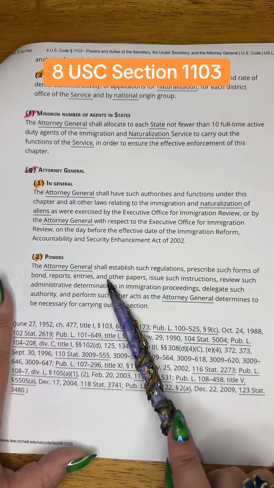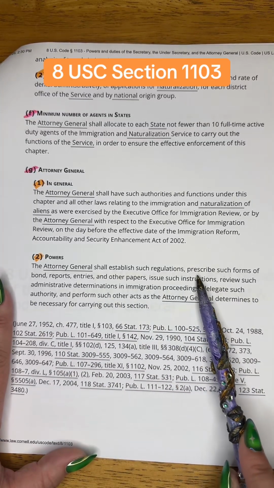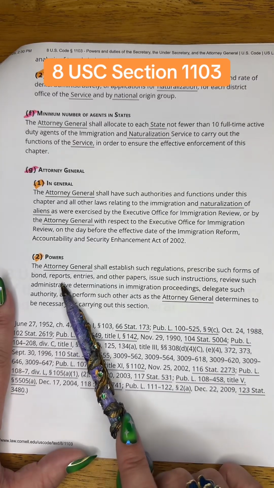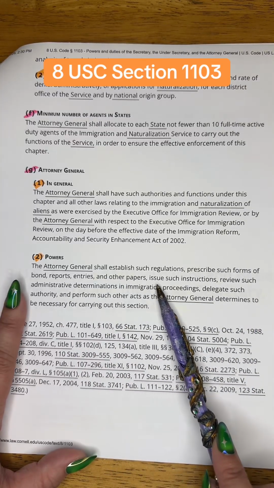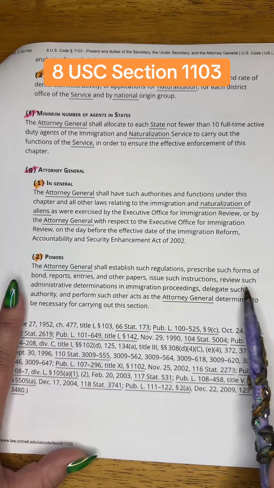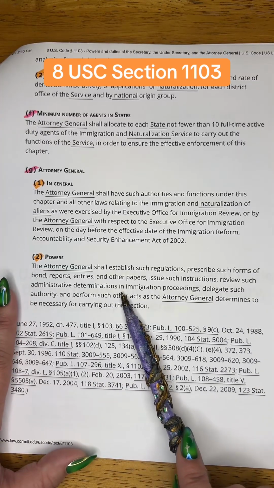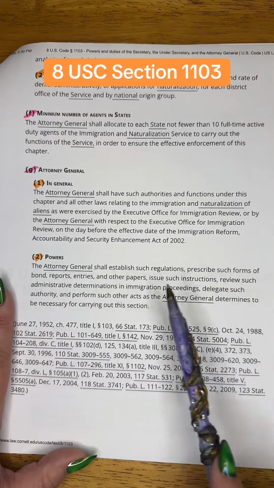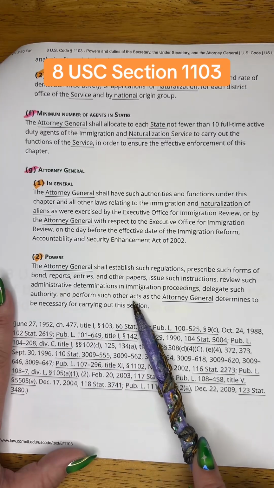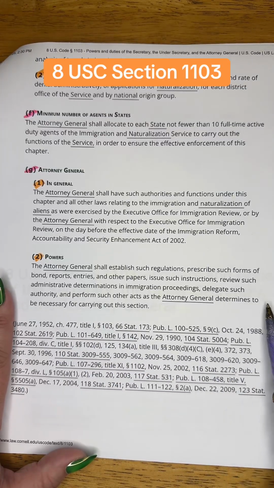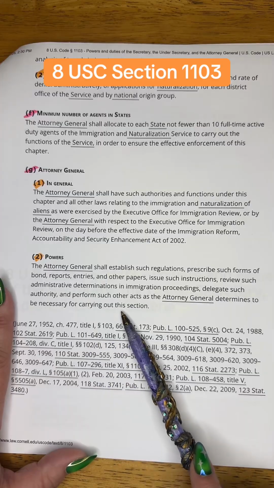Powers. The Attorney General shall establish such regulations, prescribe such forms of bond, reports, entries, and other papers, issue such instructions, review such administrative determinations in immigration proceedings, delegate such authority, and perform such other acts as the Attorney General determines to be necessary for carrying out this section.